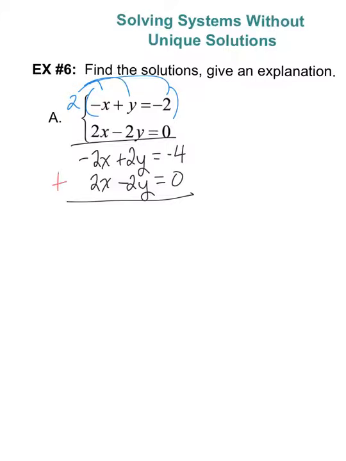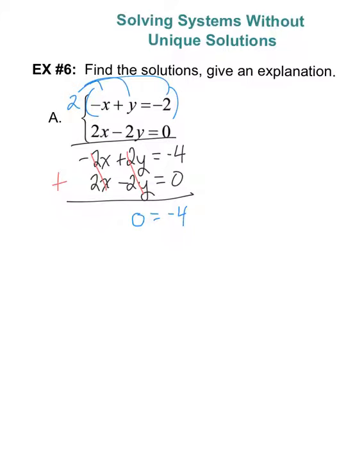This time, when I add them together, both the x's and the y's eliminate. So don't panic if everything is gone. Remember that that means that there is a value of 0, and then equals negative 4. It is vitally important that you write down what you have left on the left and what you have left on the right, because you've got to compare the statement.